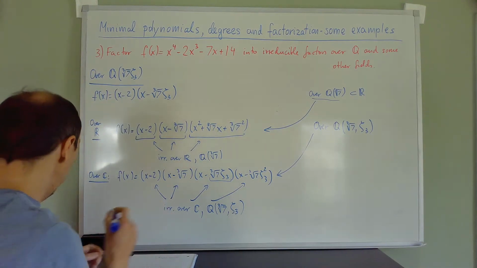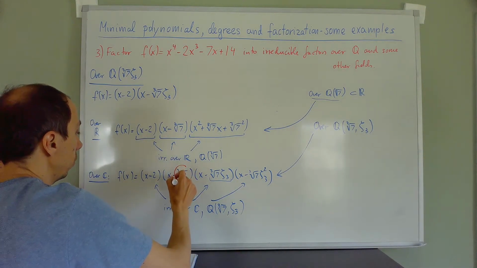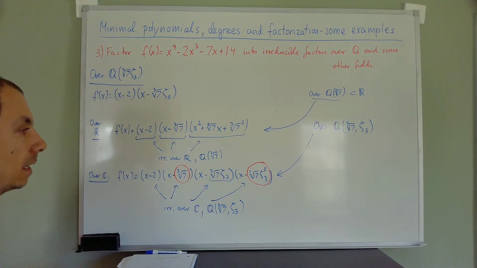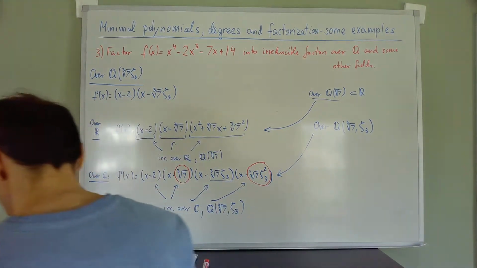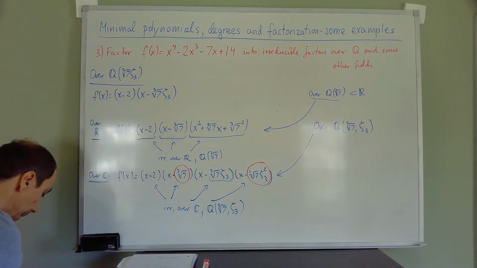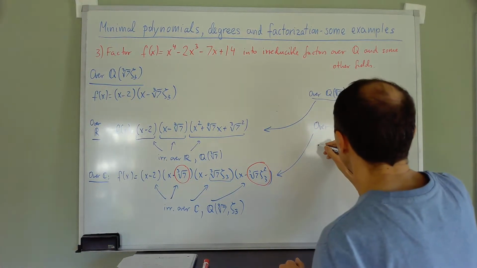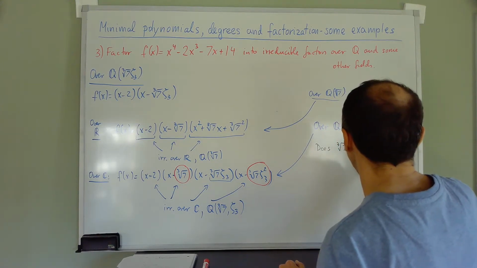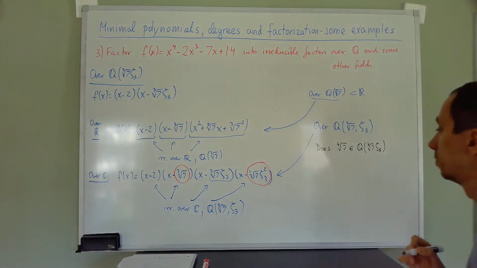The two other roots that I haven't yet accounted for are this and that. So the question: does cube root of 7 also belong to this field?